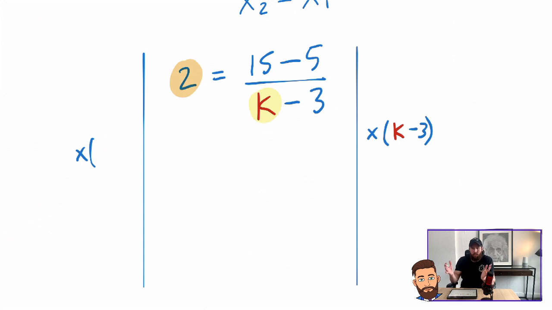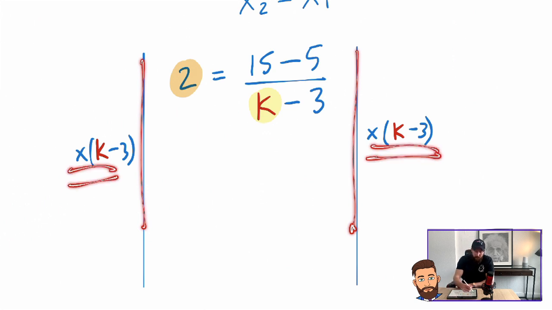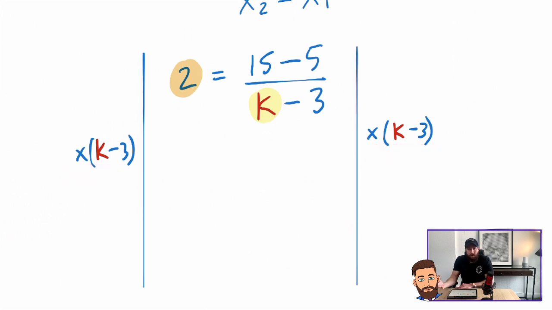So if there's more than one term, stick it in a bracket. So I'm going to write k minus 3 on this side. Why am I showing this on the side? This is basically showing to the person marking my work, I know that I need to do it to both sides, and this is what I'm doing. What do we get there? We are going to multiply this by 2. So everything in that bracket we're going to multiply by 2. What's 2 times k?